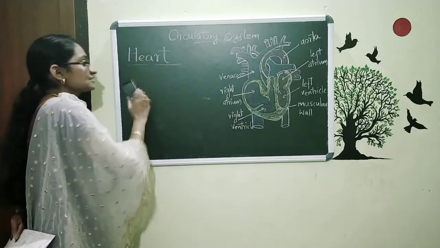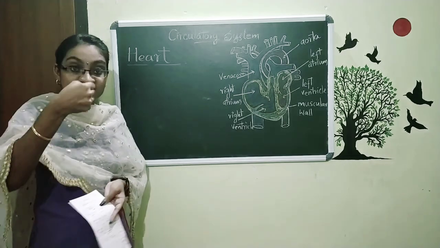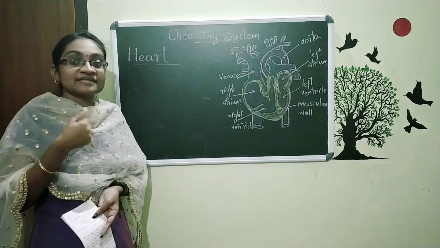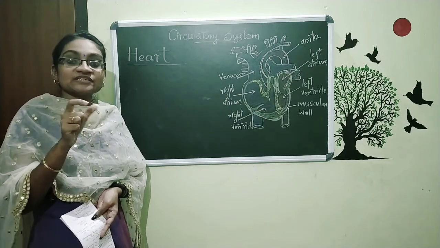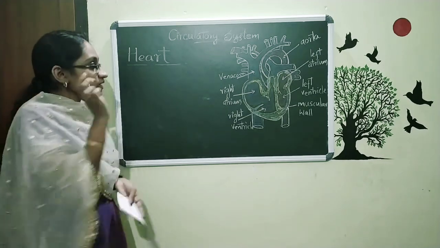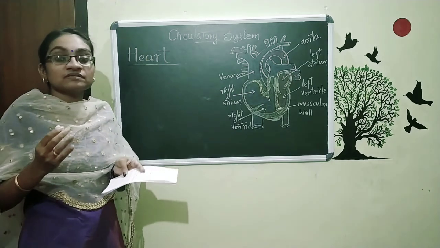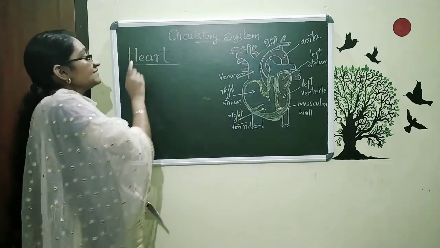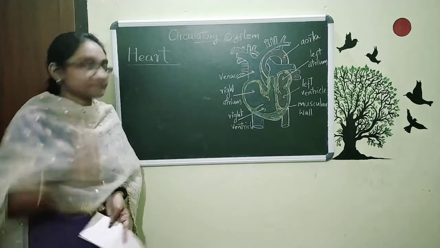Generally we say that our heart is the size of a fist. For me, my heart is the size of my fist; for you, it will be the size of your fist. So the size of the heart also changes with our age.